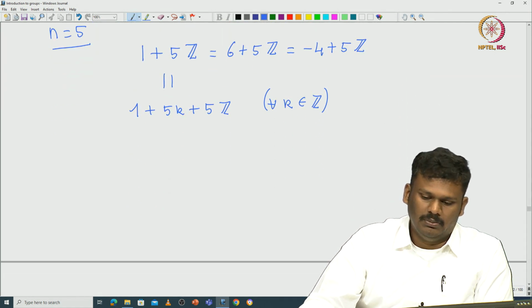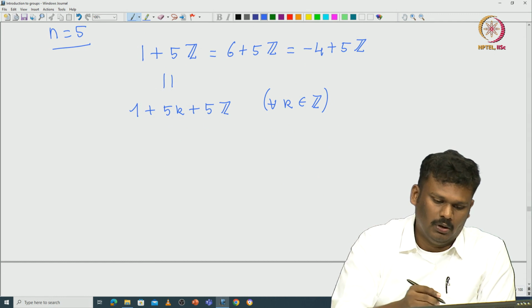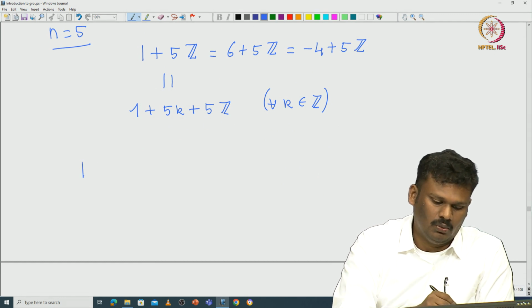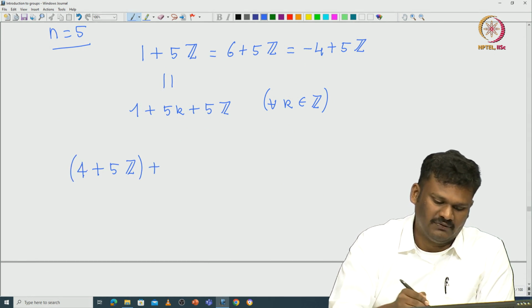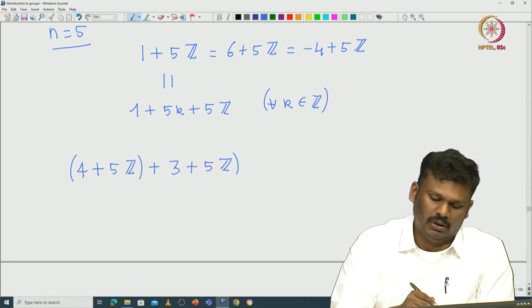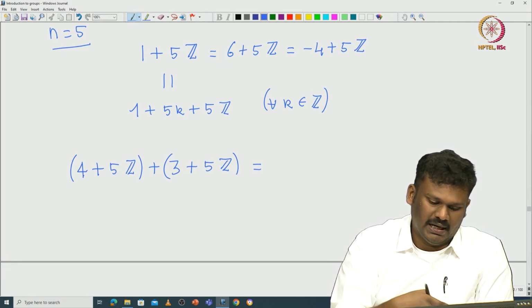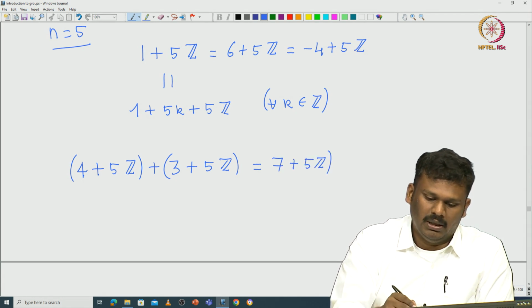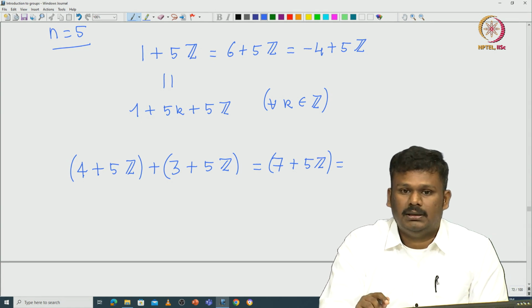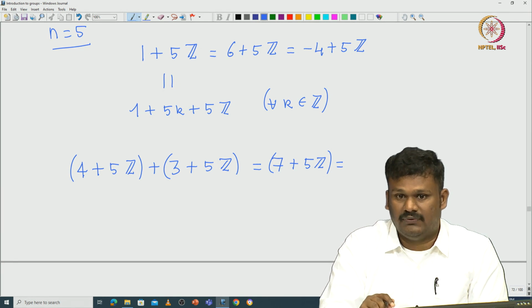In particular, if I am interested in adding something like this, 4 plus 5Z, and I want to add it with 3 plus 5Z, then what happens? Let us look at it. All you do is add those numbers, it becomes 7 plus 5Z, but you already know that this set is uniquely determined by the remainder that it gives.